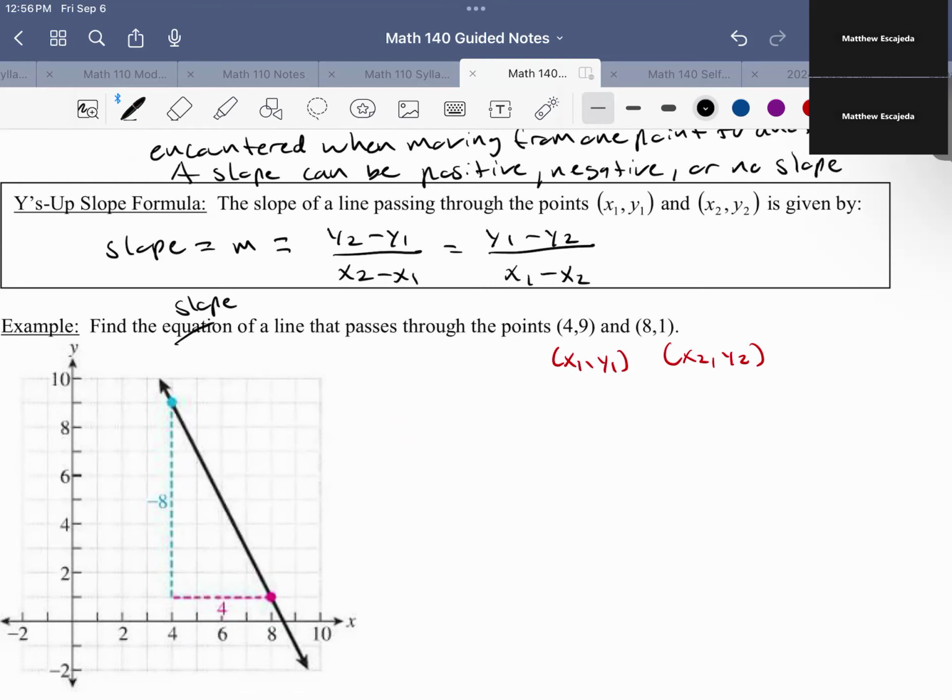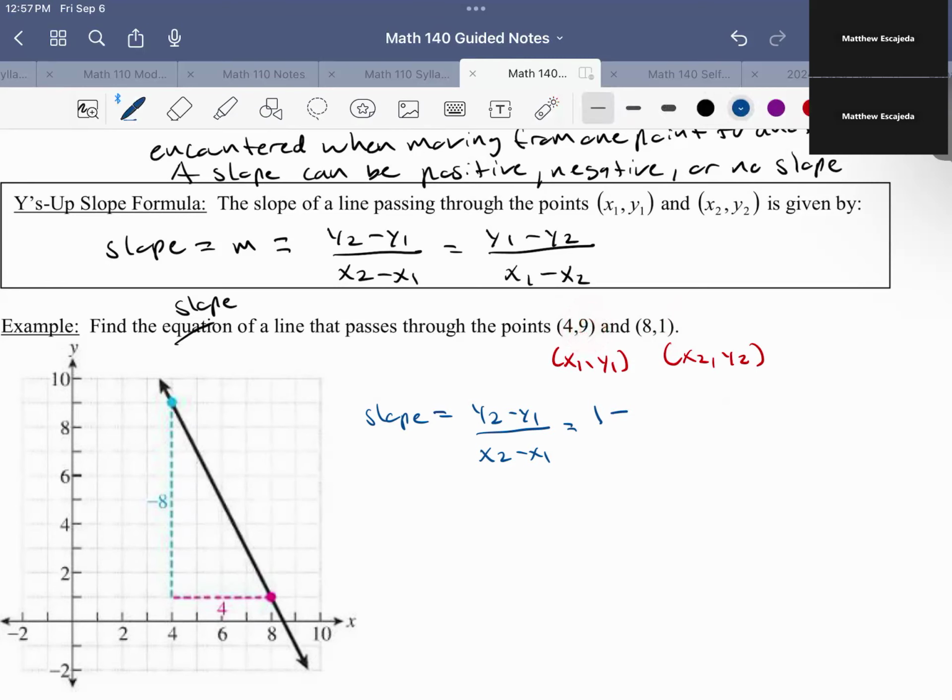Remember, slope equals y2 minus y1 over x2 minus x1. Here, my y2 is 1, so it's 1 minus my y1, which is 9.